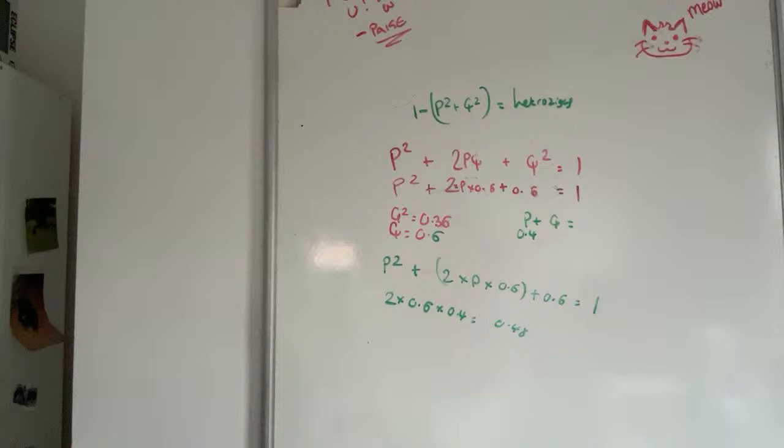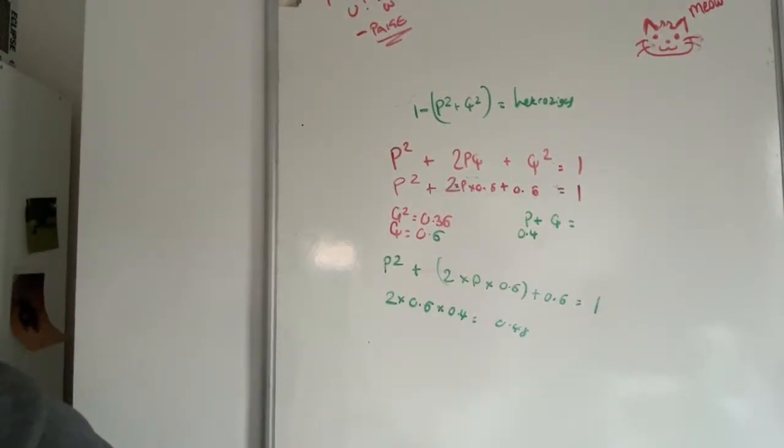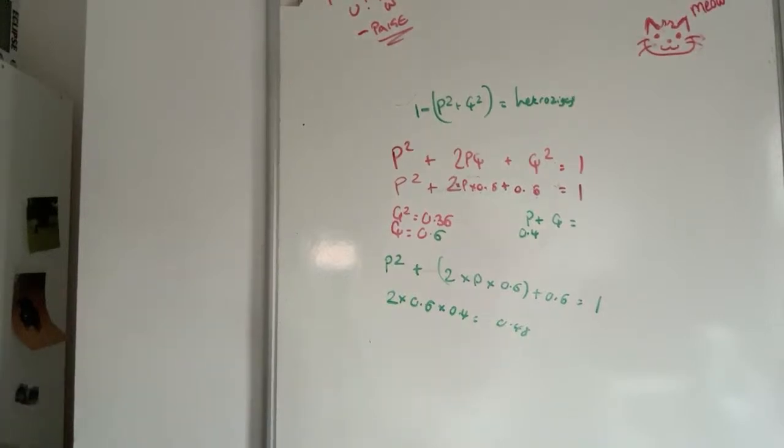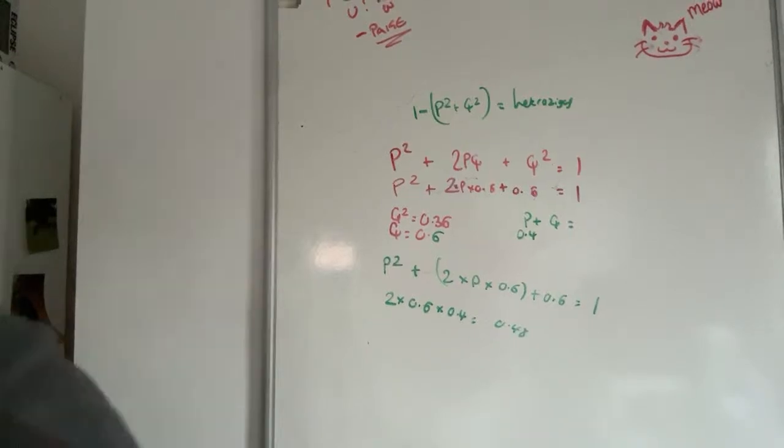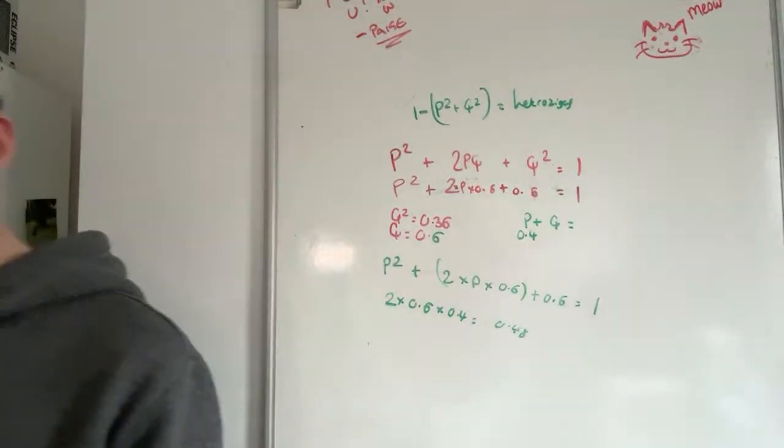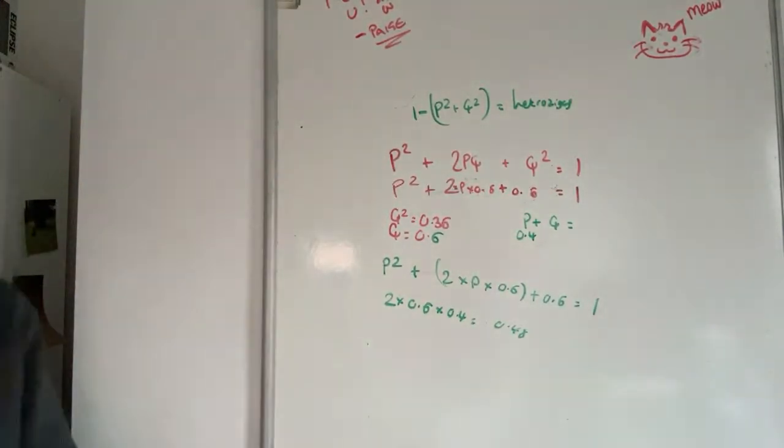And then it tells us p squared plus 2pq plus q squared is 1. I want to do one question on this, and if we get it wrong, then I'm leaving for the day.